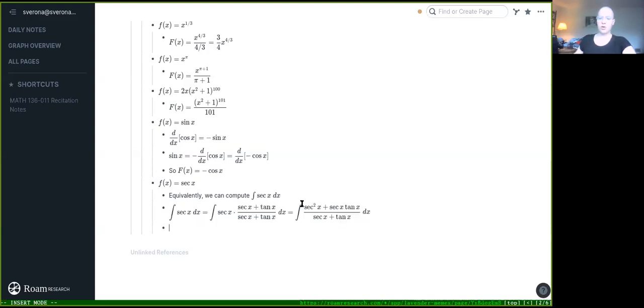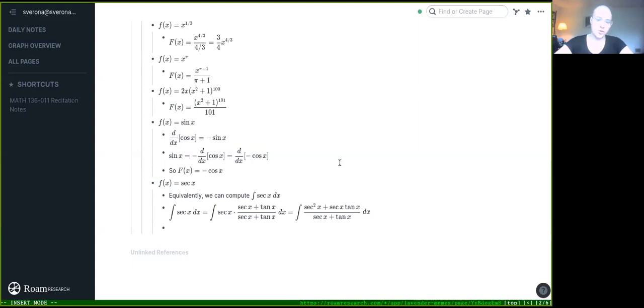And now you might notice something very peculiar. I have turned this into something for which the top is the derivative of the bottom. The secant squared x is the derivative of tangent x, and the secant tangent is the derivative of secant.